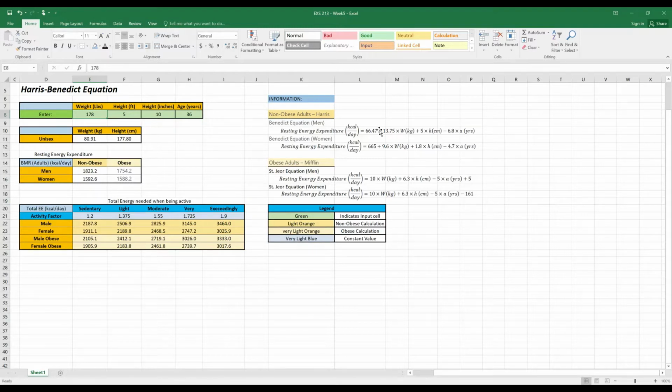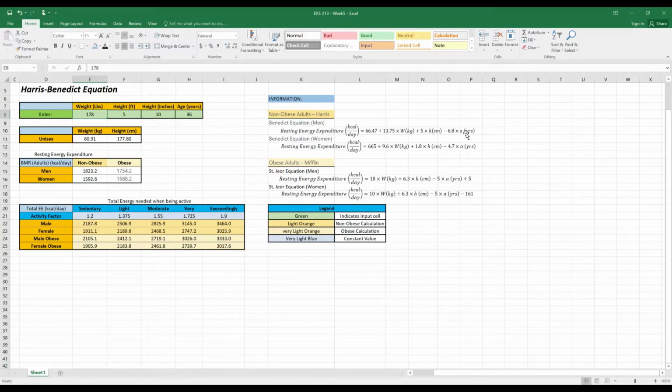So here, what we have is 66.47 plus 13.75 multiplied by the weight, in kilograms, plus 5 multiplied by the height, in centimeters, minus 6.8 multiplied by the age.